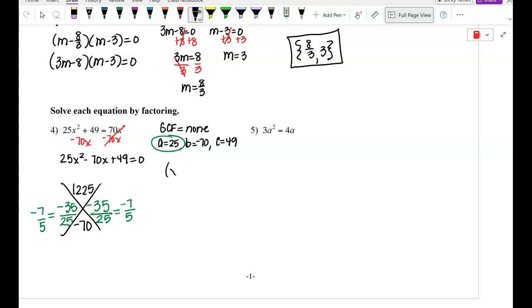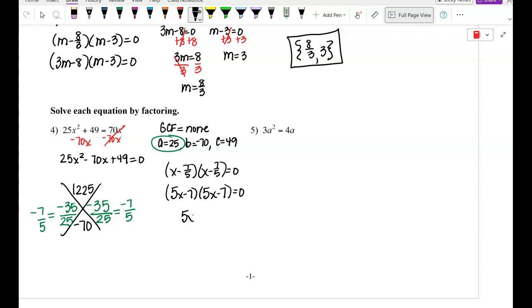So we have x minus 7/5 times x minus 7/5 equals 0, which is 5x minus 7 times 5x minus 7 equals 0. They're the same factor. I said this earlier today, which means we only have to solve one of them because it's going to give us the same answer.